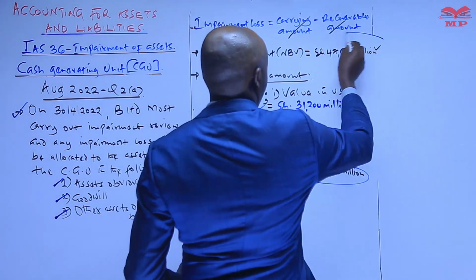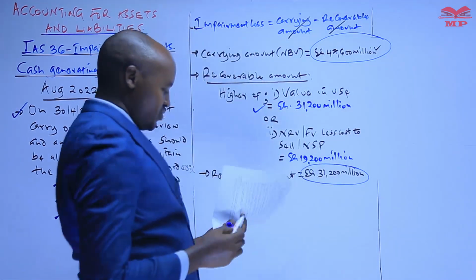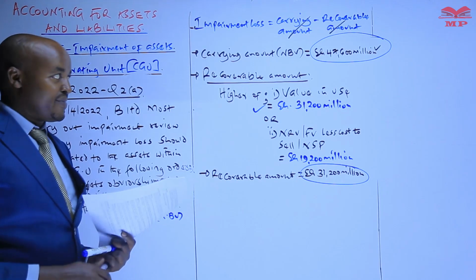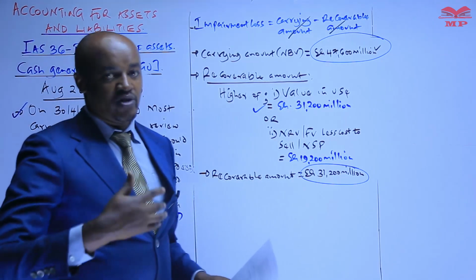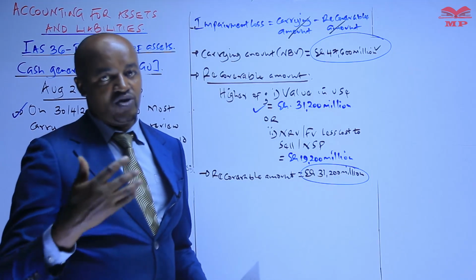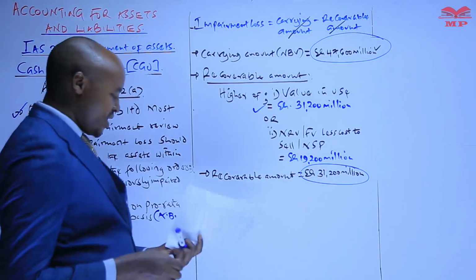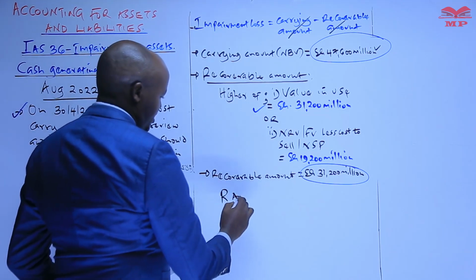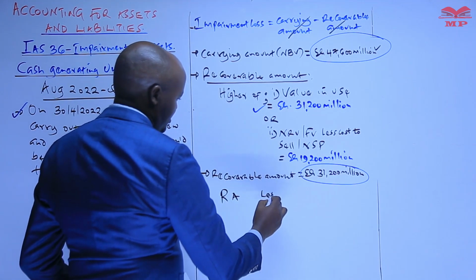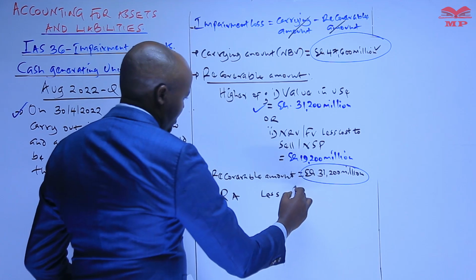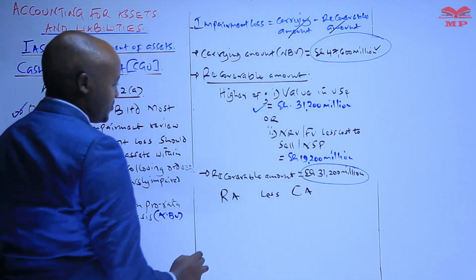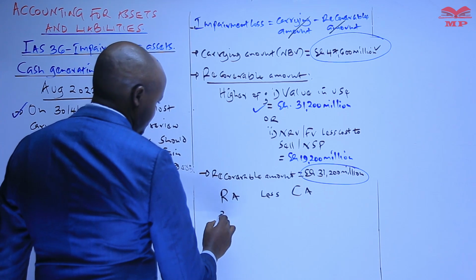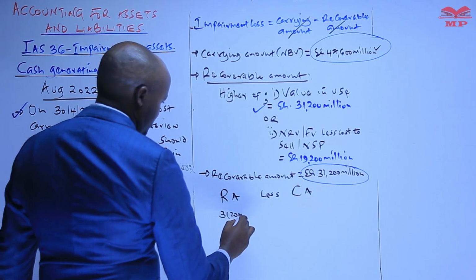So having the recoverable amount and the carrying amount, what we need to do is to determine whether our cash generating unit is impaired. Remember, generally we have said an asset or even a cash generating unit will be deemed to be impaired when the recoverable amount is less than the carrying amount. So in our case, we know the recoverable amount is 31,200 million.